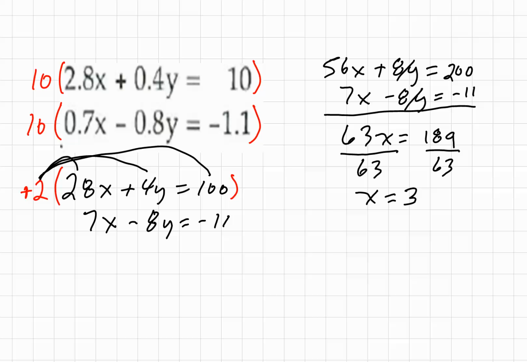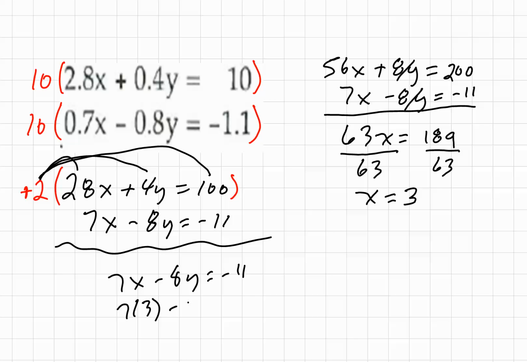So now we have to find the y. So I'll use the 7x minus 8y equals -11. Substitute 3 for x. So this is 21 minus 8y equals -11.